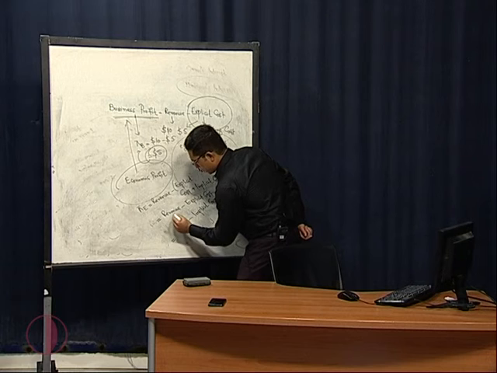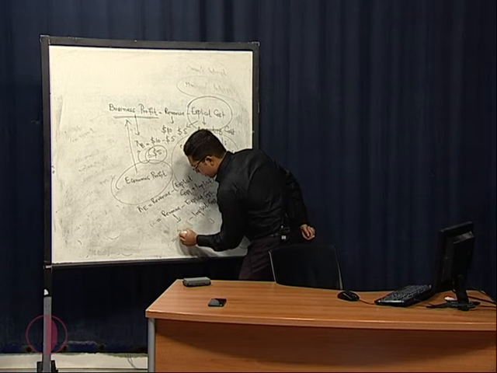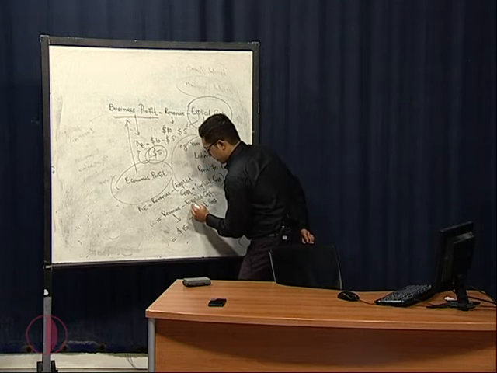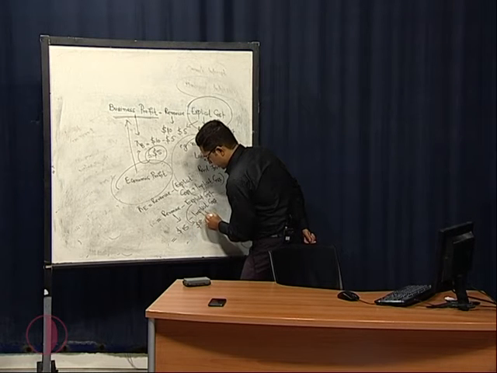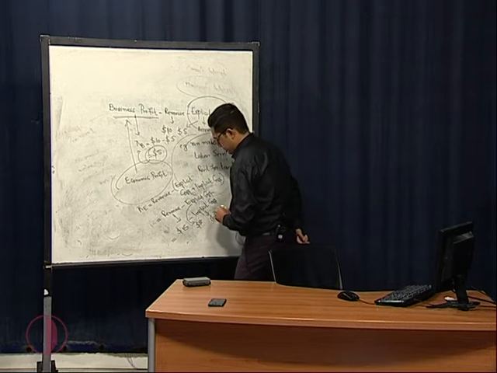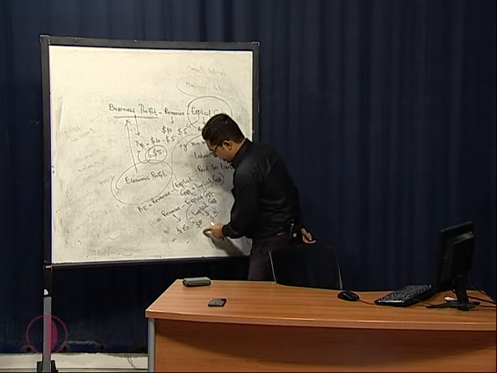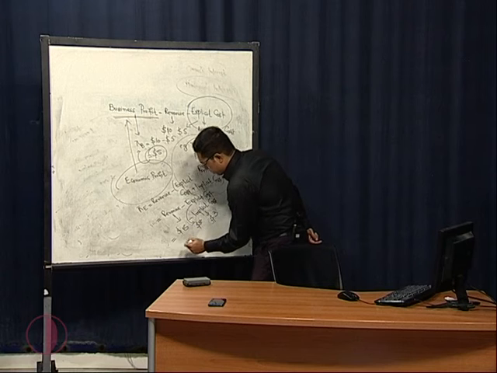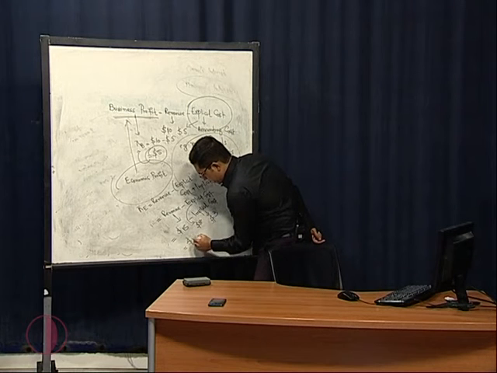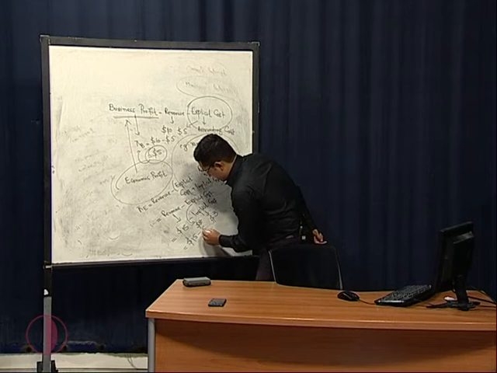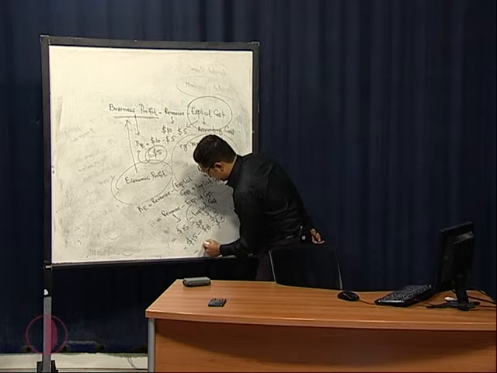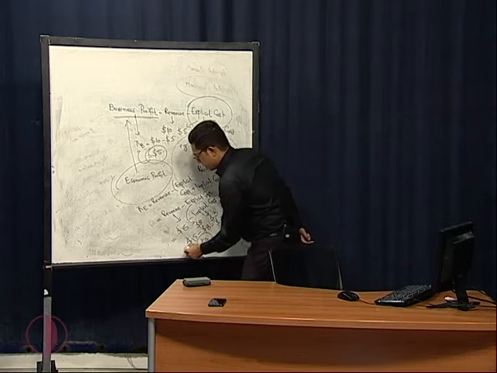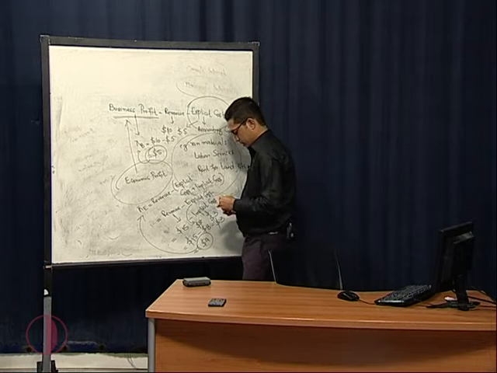For example, if this amount is $15, this amount is $8, and this amount is $3, we need to subtract both the amounts from the total revenue. So this will become $15 minus $8 minus $3. This is called economic profit.